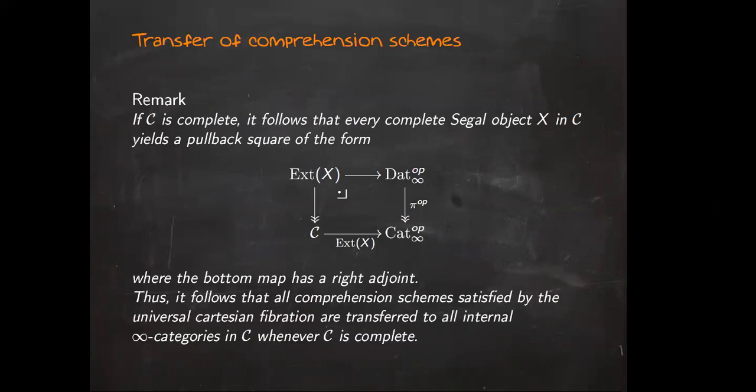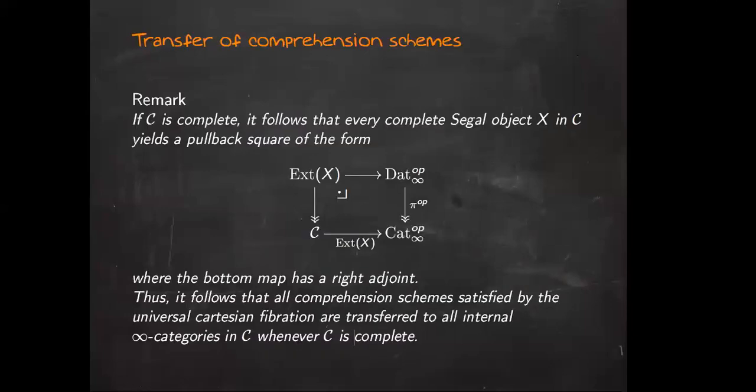Yes, exactly. So again, as a corollary, we obtain that whenever we have an internal category in some C, we can externalize it. We know its externalization of this form has a right adjoint. And so we see that every internal category in a complete infinity category C satisfies all comprehension schemes that the universal Cartesian fibration satisfies.